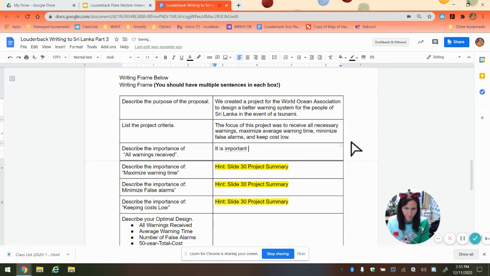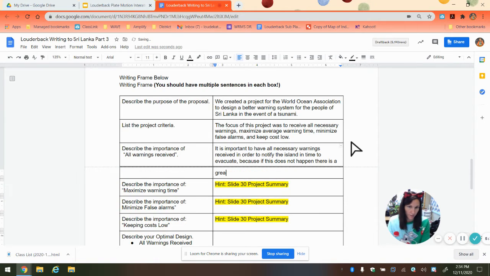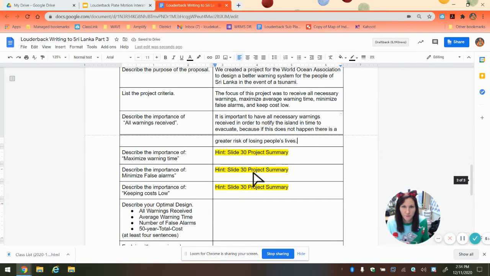It is important to have all necessary warnings received in order to notify the island in time to evacuate, because if this does not happen, there is a greater risk of losing people's lives. Okay. That's overall big importance.